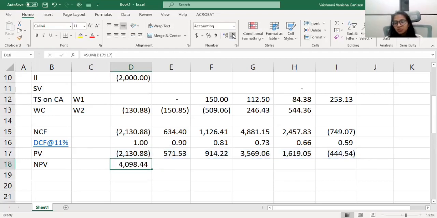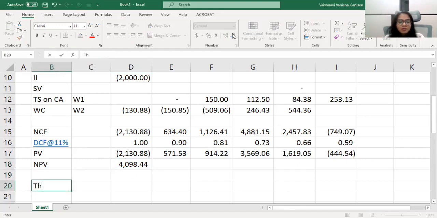This will be your net present value. So guys, if your net present value is positive, that means benefit exceeds cost. If your net present value is negative, that means cost exceeds benefit. So if benefit exceeds cost, you accept. If cost exceeds benefit, you reject.